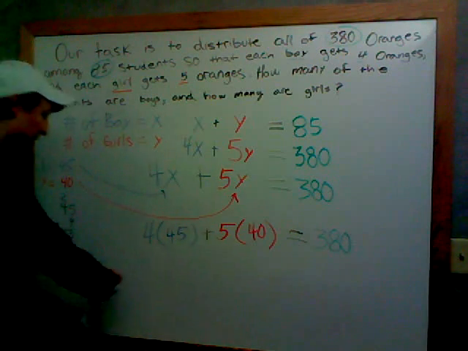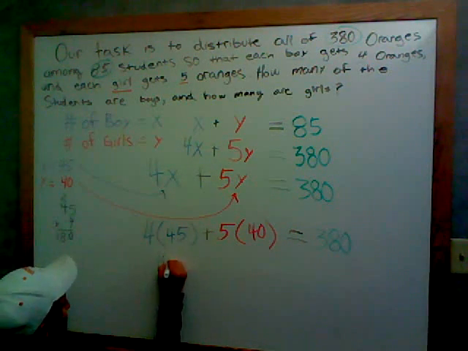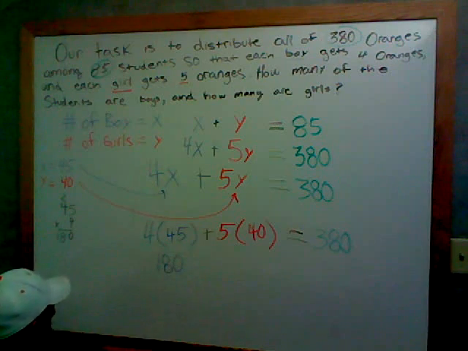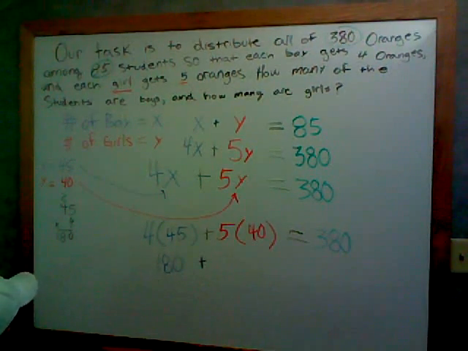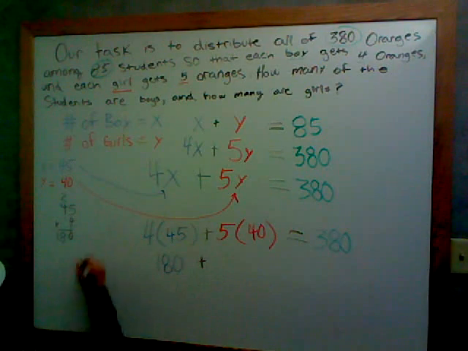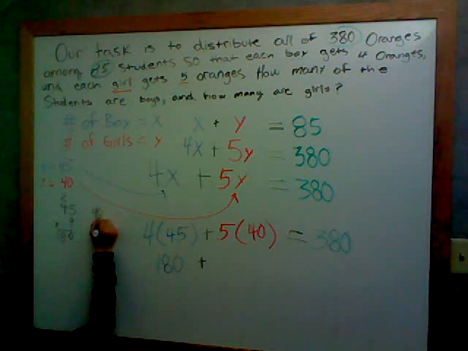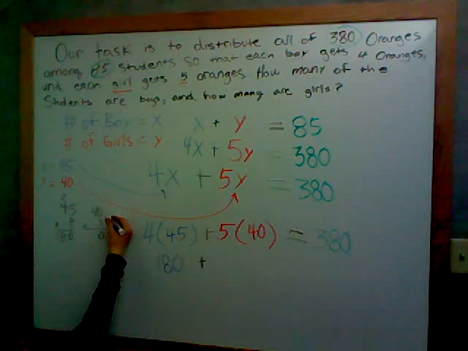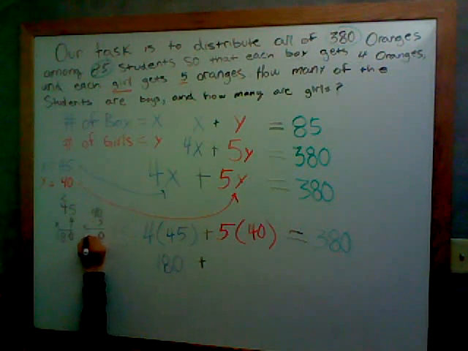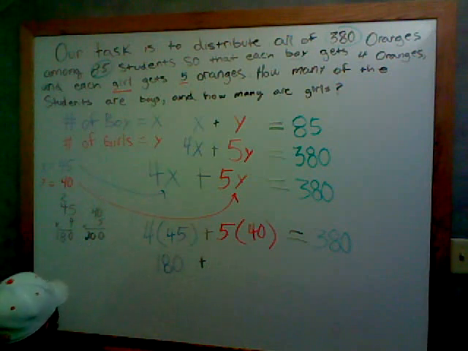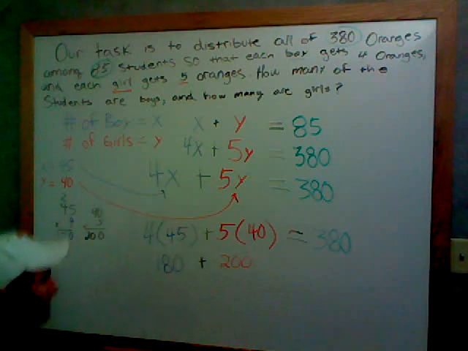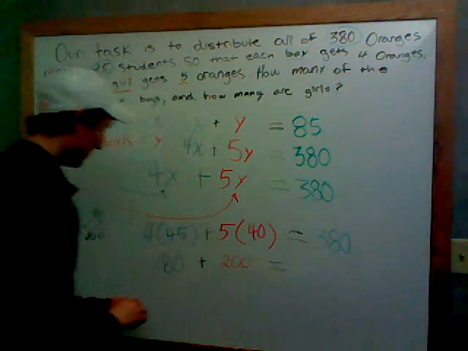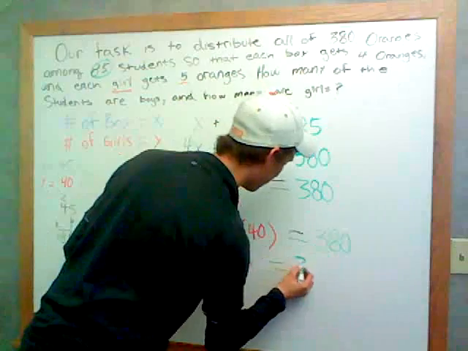So our new number here is 180, plus our 5 times 40. So we'll do that one over here. 0 times 5 is 0, and 5 times 4 is 20, plus 200. And this is all still equal to 380.